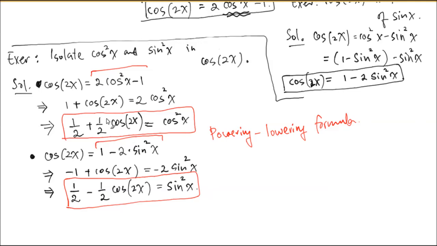It's exactly the same shape. Sine squared gets this negative sign. So if you happen to have sine and cosine in higher power, you can use this one to knock down the power one at a time. And eventually, you get a sum of all first power cosine and sine functions. And that's our goal. Turn it into a sum of pure waves. All right. So that's the power lowering formula.